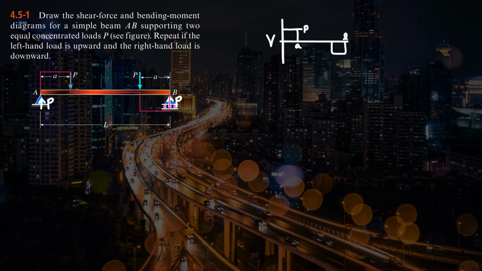For my bending moment, same deal, except now I'm integrating it. So if I want to integrate from point A to point C, I'm going a distance of little a, and I have a slope of P, and the slope is a positive P because we're integrating.